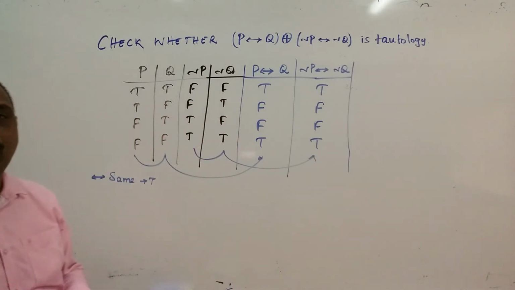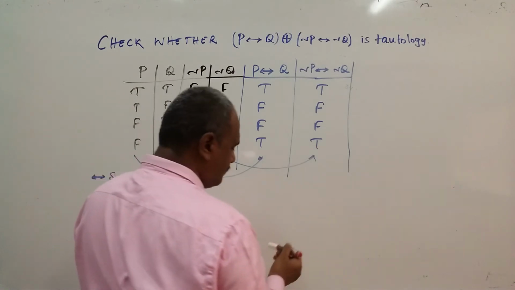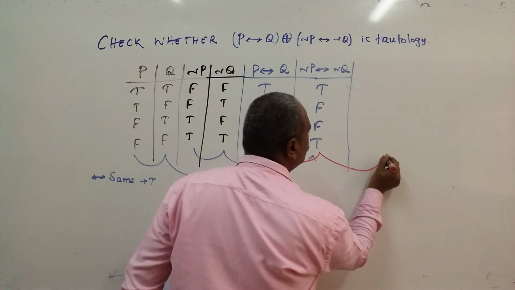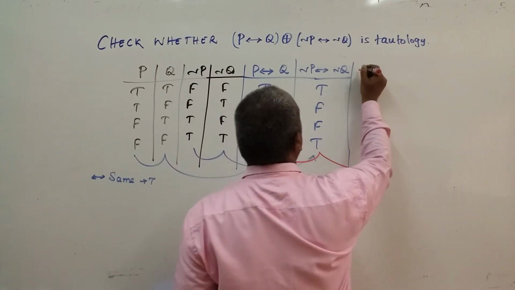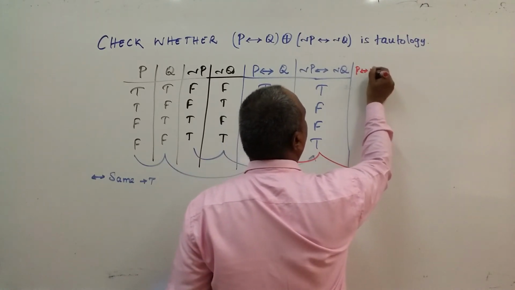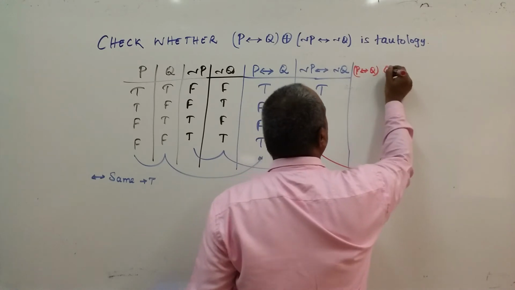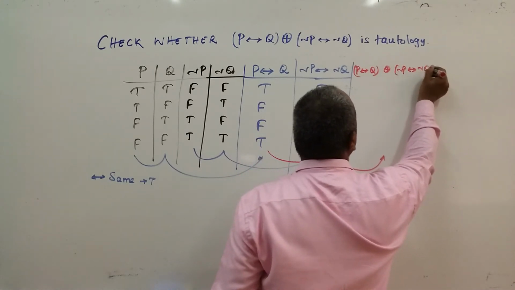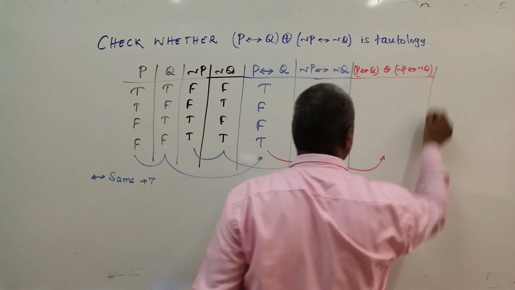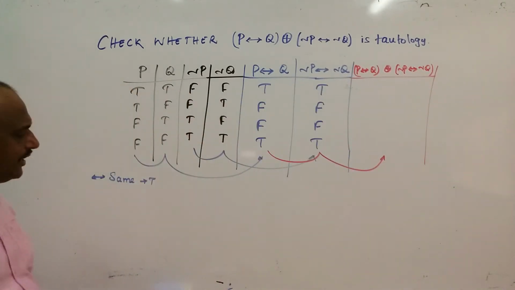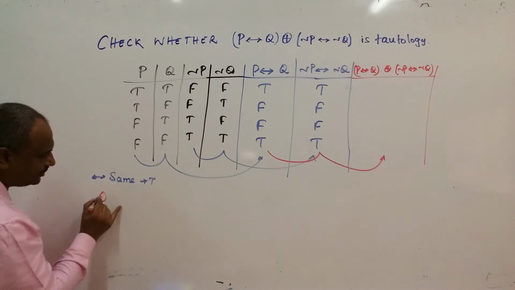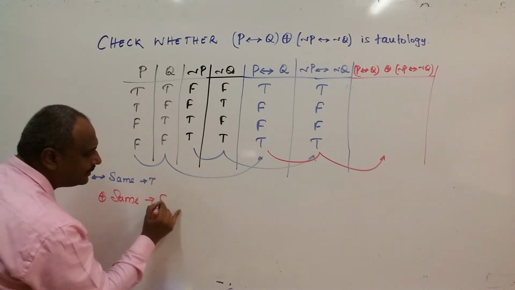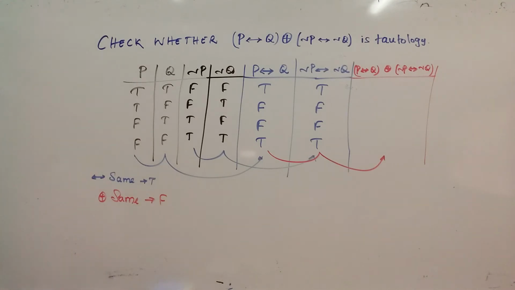Now, what are we going to do now? We are going to combine these two using exclusive OR. P double implies Q, exclusive OR, negation P double implies negation Q. The condition for exclusive OR, if we have the same statement, the result is false.